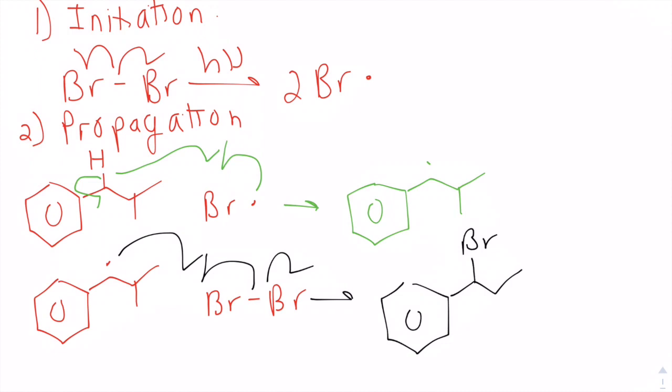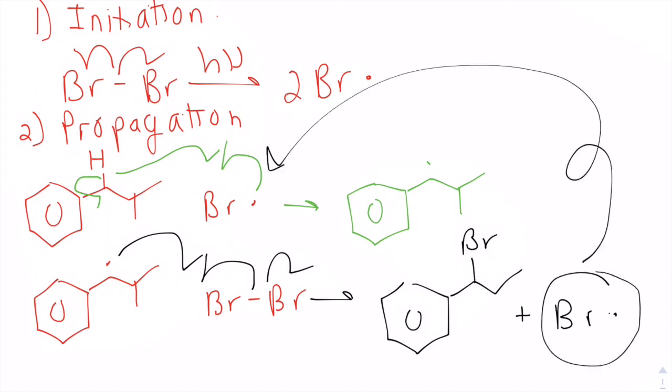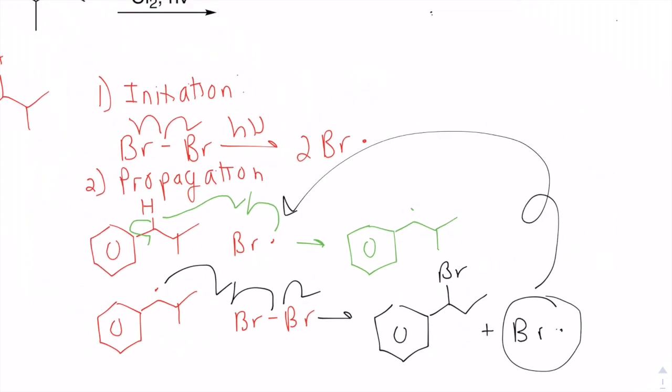So we chose that proton specifically, and then don't forget that we generated that extra bromine radical. That's important because this extra bromine radical can keep reacting like it did in the first step of propagation, to keep adding bromines to the carbon skeleton. So these would be the two propagation steps.